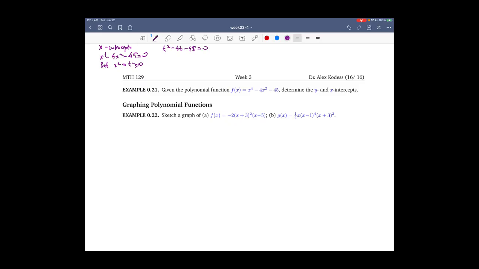I wonder if the roots are rational, maybe not.